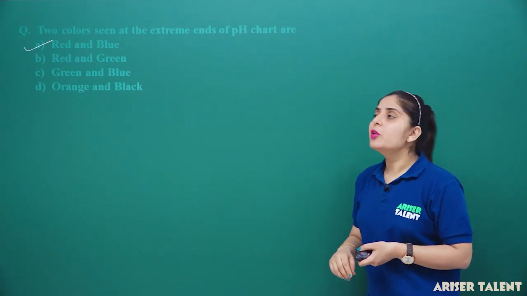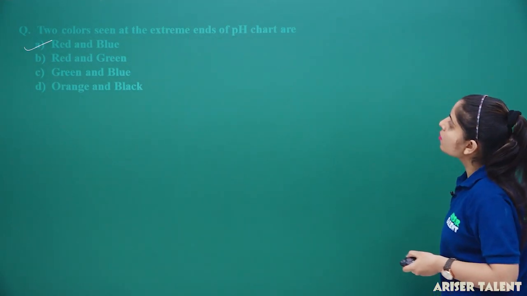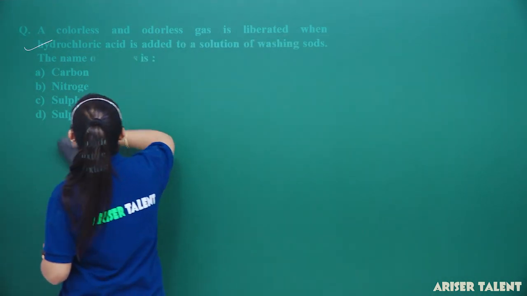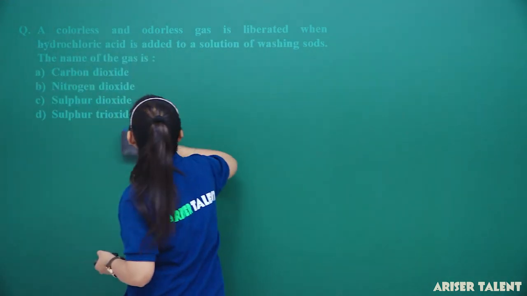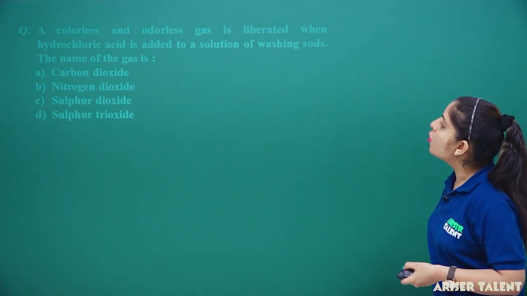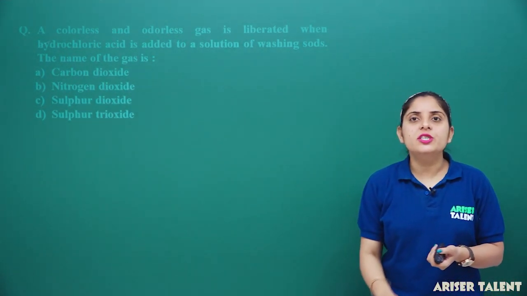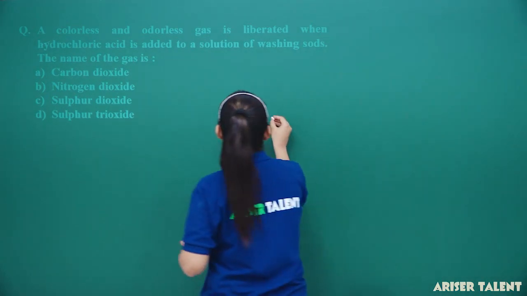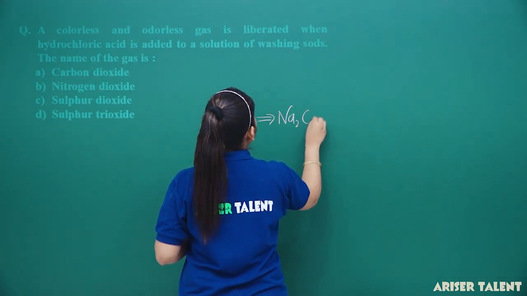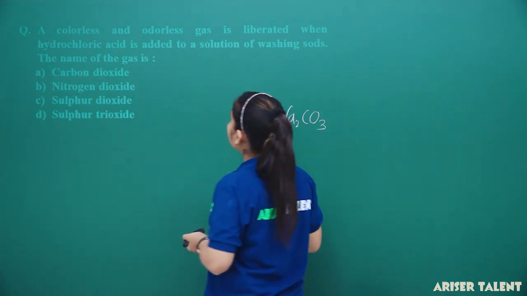Now we are coming to our next question. A colorless and odorless gas is liberated when hydrochloric acid is added to the solution of washing soda. So, washing soda basically has the formula Na2CO3, sodium carbonate.